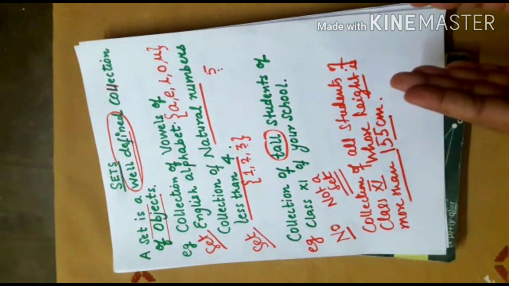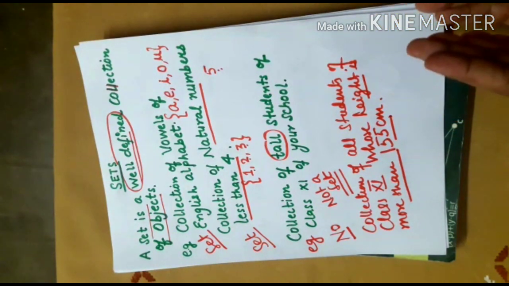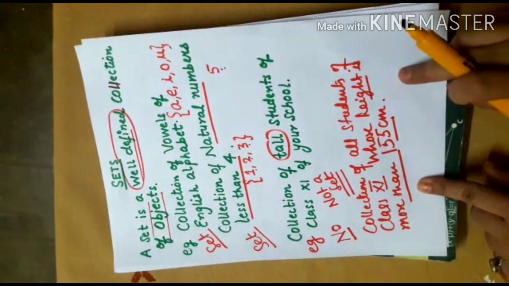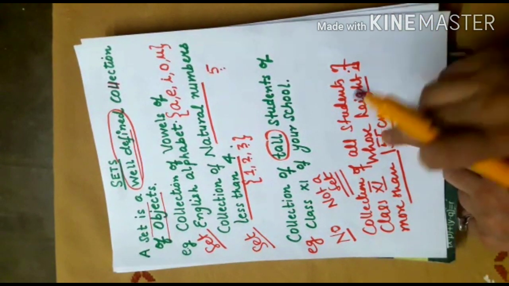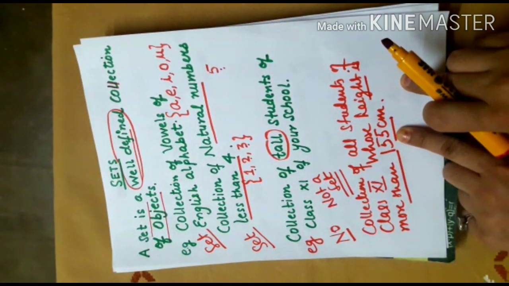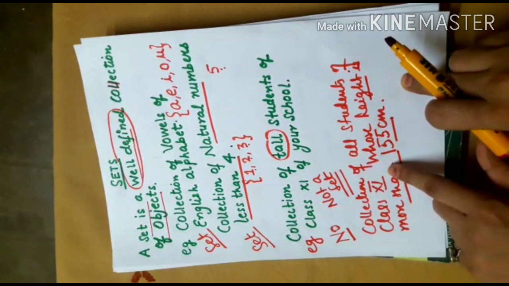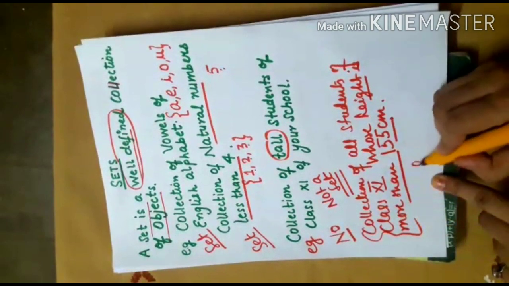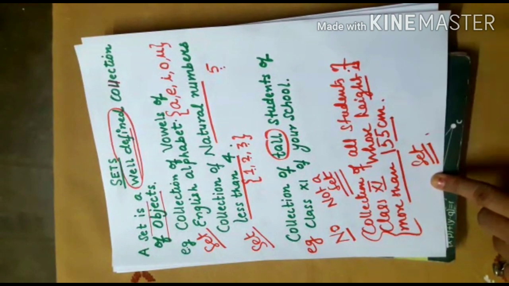Because given a student, I will be able to decide clearly whether that particular student will belong to this collection or not. If the height of that student will be more than 155 centimeter, he will belong to that collection. If the height is less than 155 centimeter or equal to 155 centimeter, that student will not be a part of this collection. So now this collection will represent a set because it is a well-defined collection.